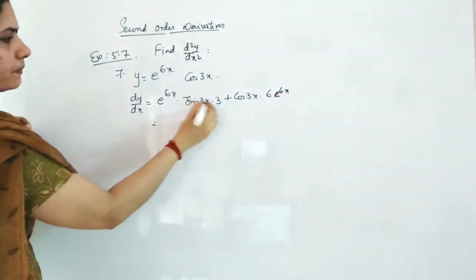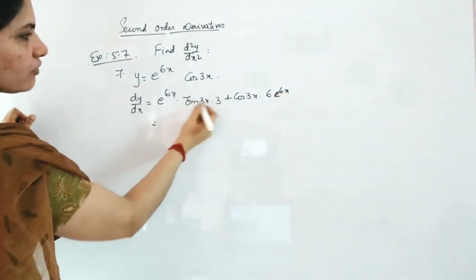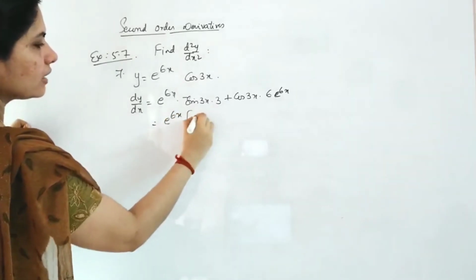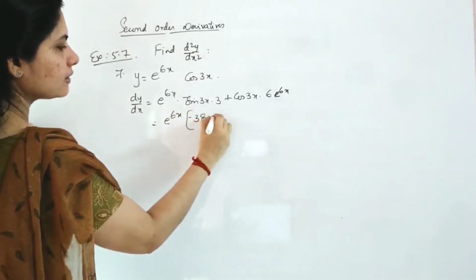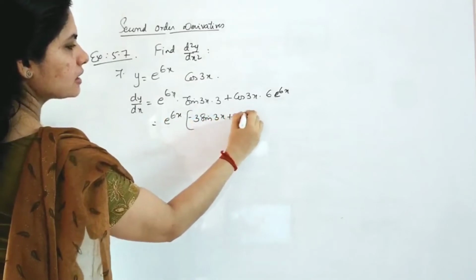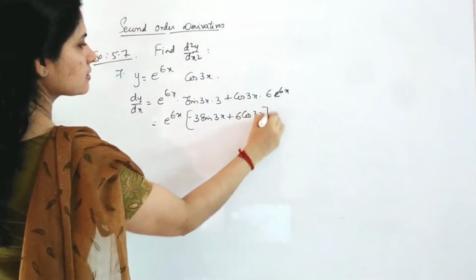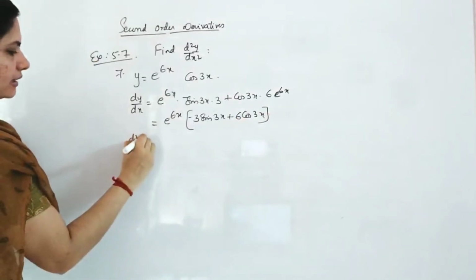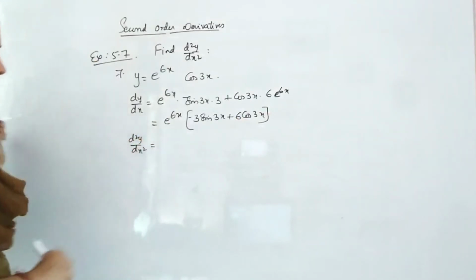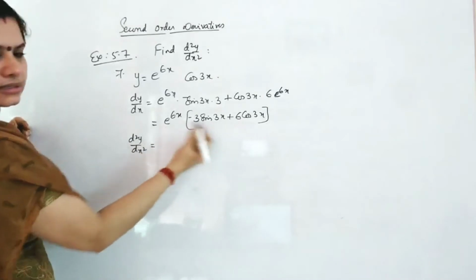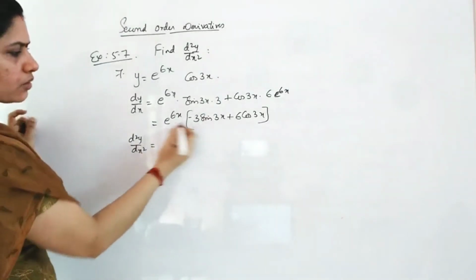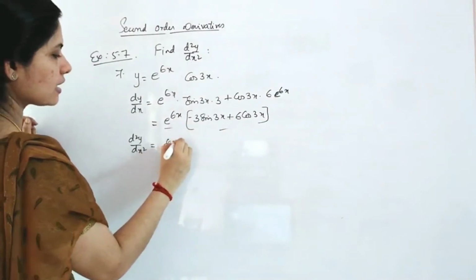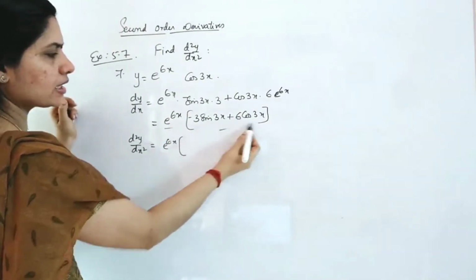Okay. Now you have everything in common. 6 e raised to 6x is common and you can write it as minus 3 sine 3x plus 6 cos 3x. Again differentiating with respect to x, you will get the left hand side as d square y by dx square, and this can be again used in your product rule, that is first function, second function. So e raised to 6x into, what is the derivative of this?